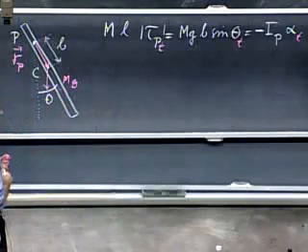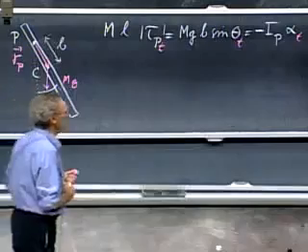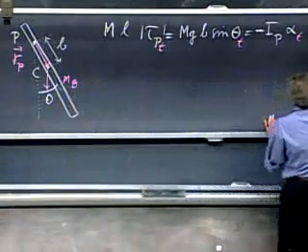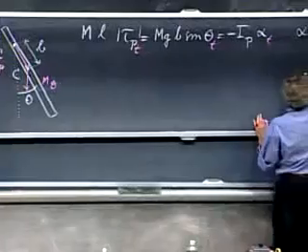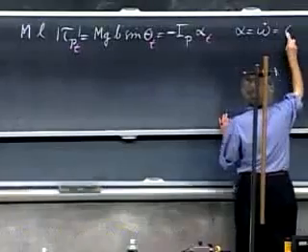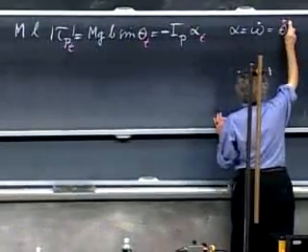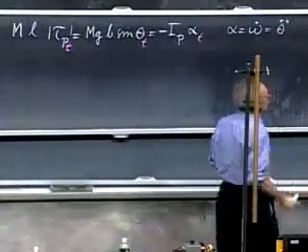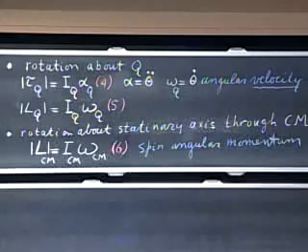Now I say, aha, small angle approximation. By the way, alpha equals omega dot, first derivative of the angular velocity, therefore also equals theta double dot. I also wrote that there. And theta is this angle. This is the change of this angle that you see there, the second derivative.